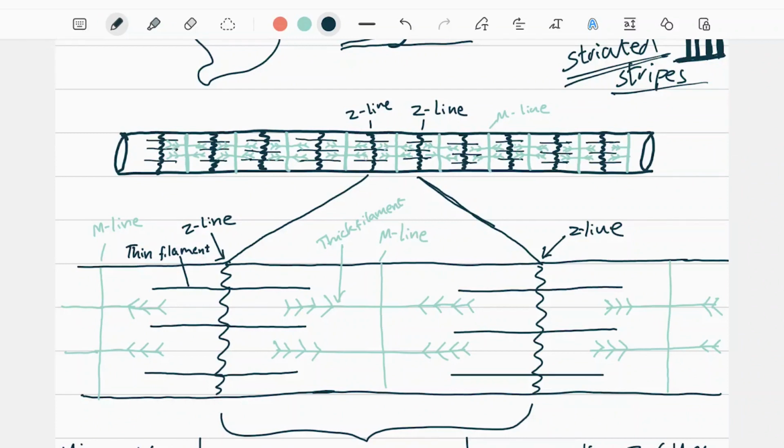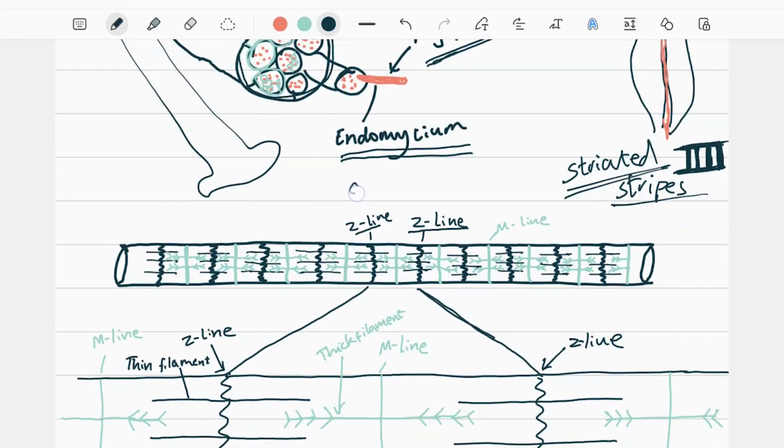So here we have a Z line and a Z line, two Z lines that I've just drawn, and between these two Z lines is what we call a sarcomere. The sarcomere is the functional unit of the muscle fiber, and it extends from one Z line to the next Z line.